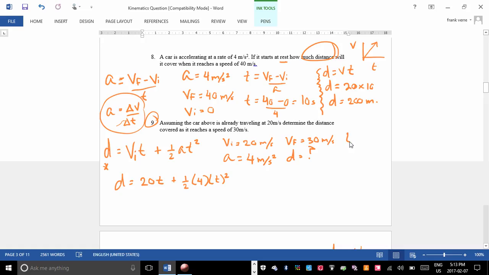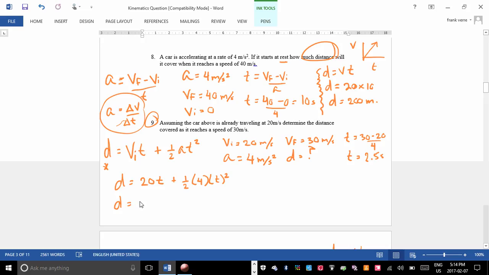So we could figure out how long it takes as a function of Vf, which is 30, minus Vi, which is 20, over a, which is 4. This is 2.5 seconds.